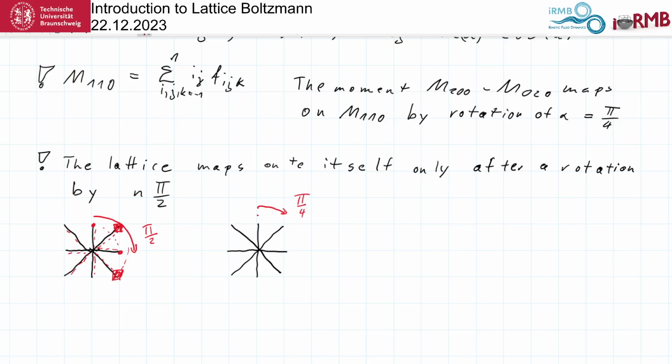So what we'll observe is, we get something like this, and this will be our new lattice, and this here has, so to say, no match. This is not matching, and this here is matching.